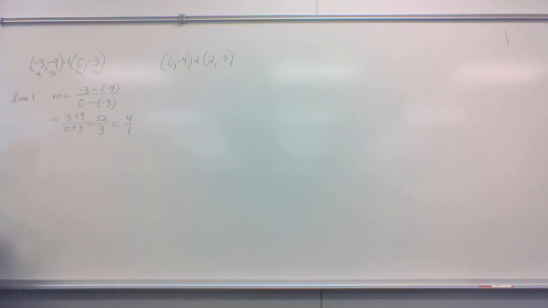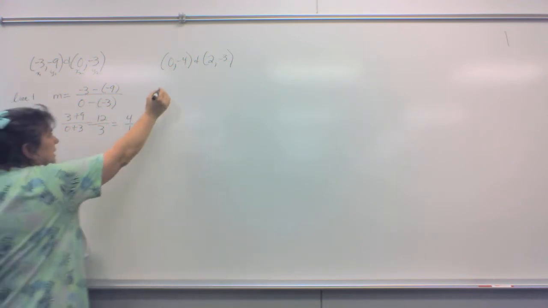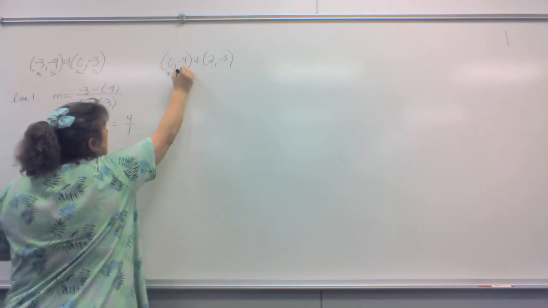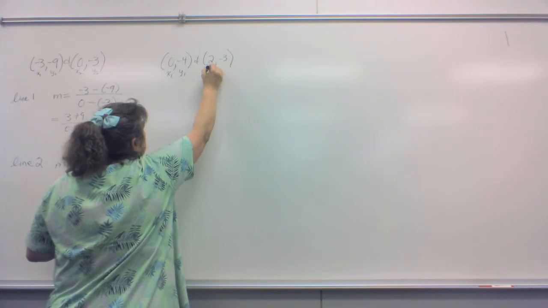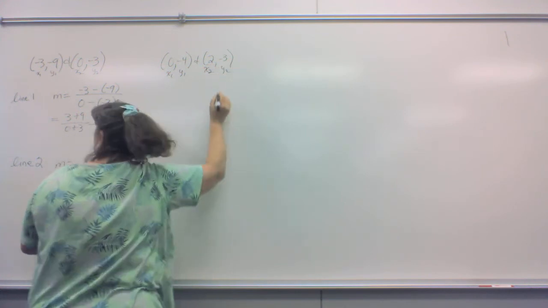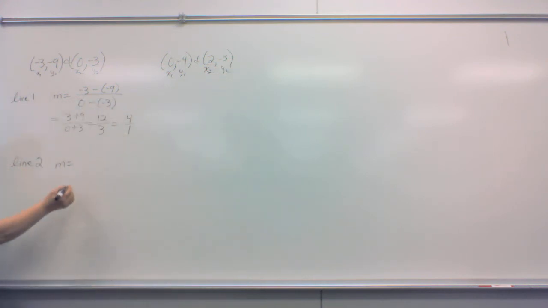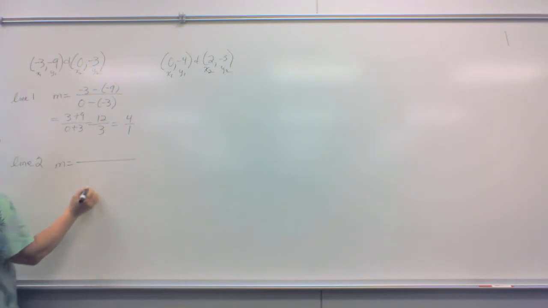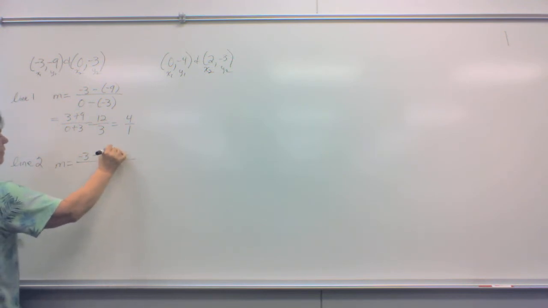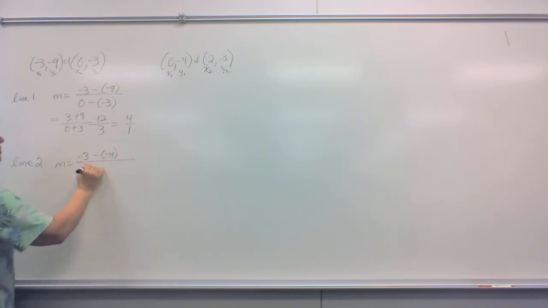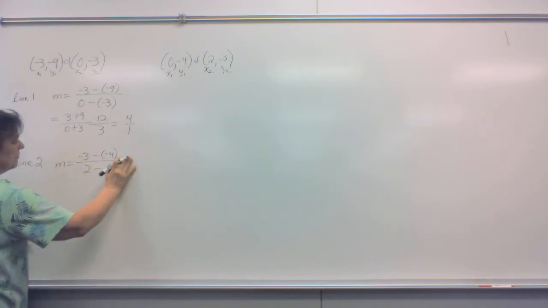Now let's look at the slope of the second line. Line number 2 is coming from that second set of ordered pairs. So again, x sub 1, y sub 1, x sub 2, y sub 2. So for the second line, the slope is going to equal negative 3 minus a negative 4 over 2 minus 0.